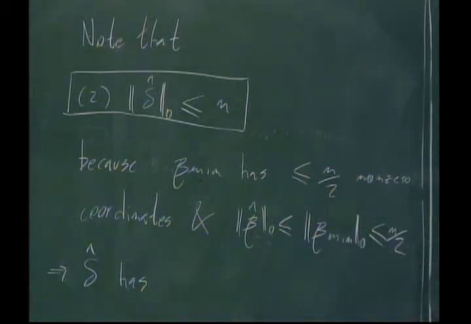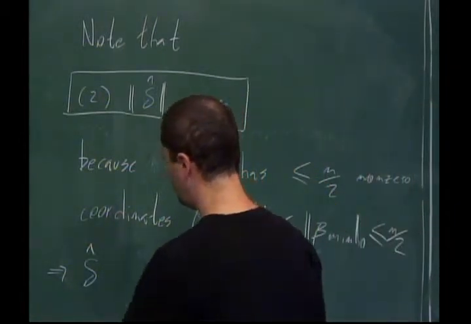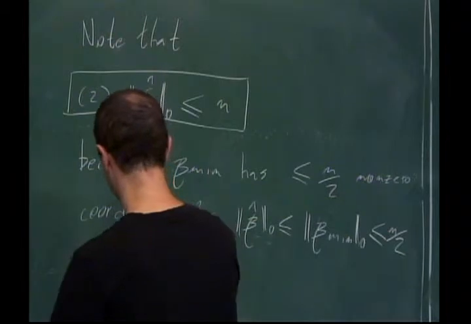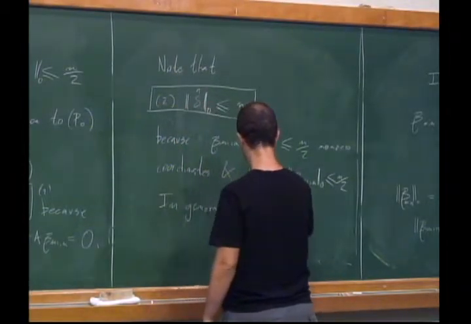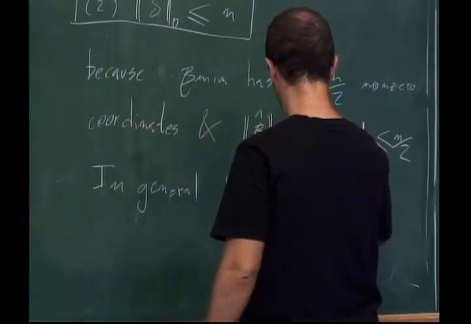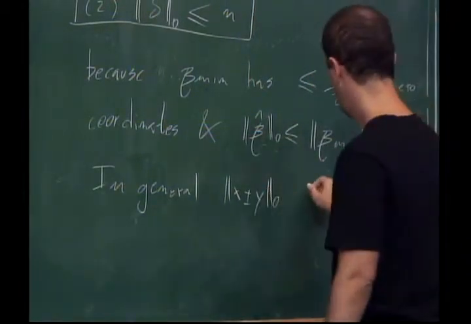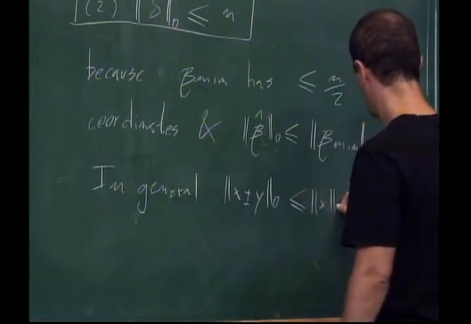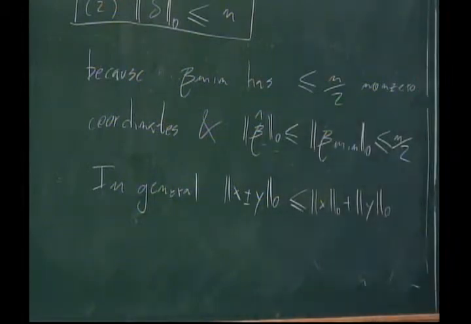So I claim that in general you have this property here. If you take the L0 norm, or the number of non-zero coordinates, of a sum or a difference of vectors, this is less than or equal to the sum of the numbers of non-zero coordinates.